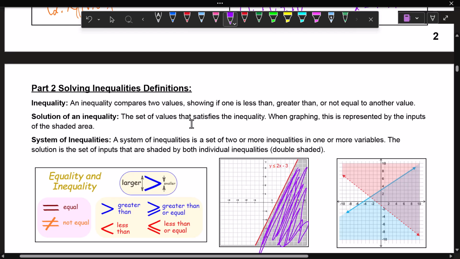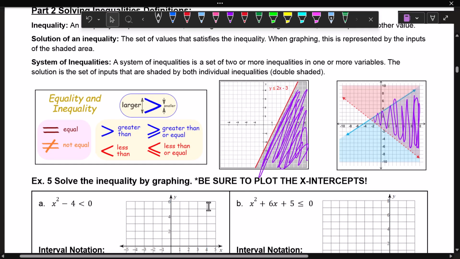All of this works. Systems of inequalities, it's where they both are shaded. So the overlapping would be here. That would be our solution. And we have our symbols here, greater than or equal to, less than. So we need to make sure that we know which is which.